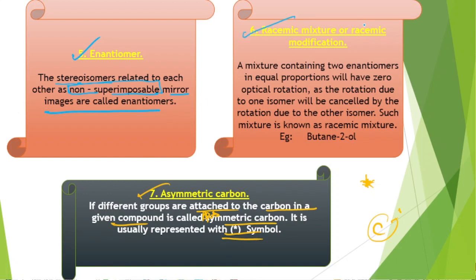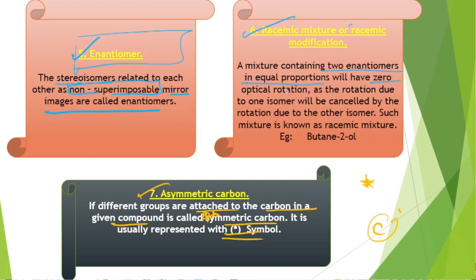What is a racemic mixture or racemic modification? A mixture containing two enantiomers, that is, stereoisomers related to each other as non-superimposable mirror images. That is important. They will be present in equal proportions, a mixture containing equal proportions of two enantiomers.